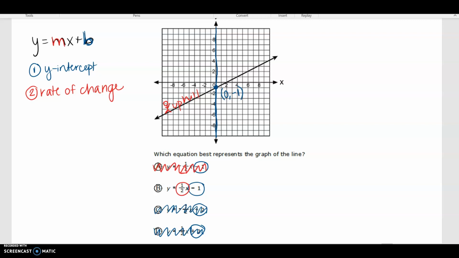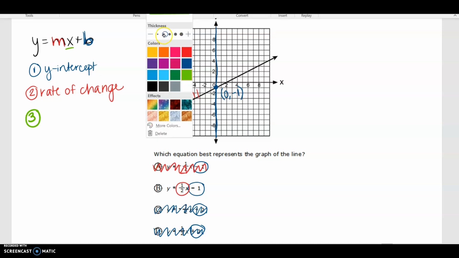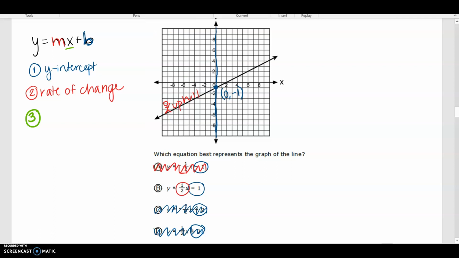If I want to go ahead and check or just use these strategies that I know, my third piece is substitution. So with substitution, I'm going to choose a point where it goes through exactly. So let's see, looks like right here it goes through exactly. So that's at 6, 2. Okay, and so that's kind of hard to read. Sorry. Okay, so 6, 2.